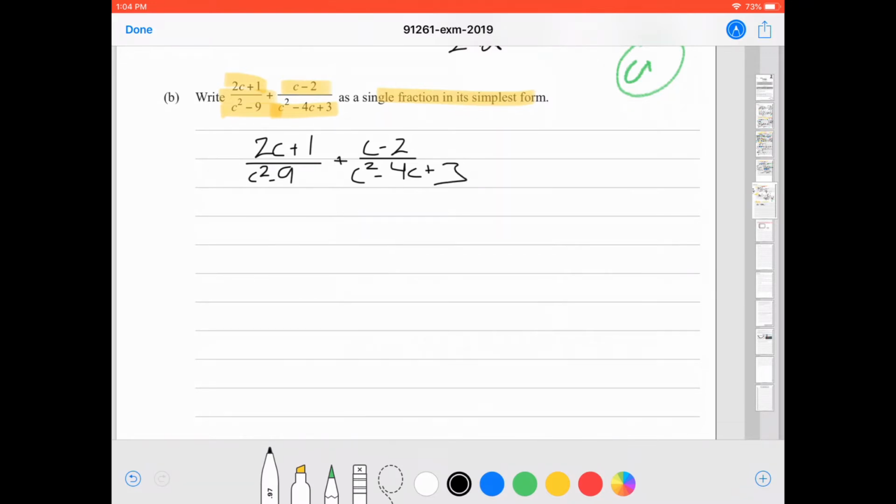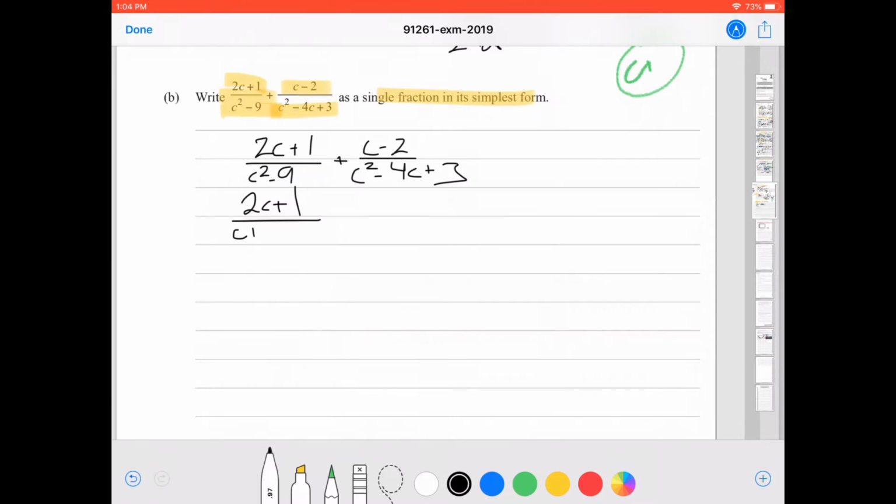And so you could go ahead and cross multiply here, but that would be incredibly difficult and long, and your denominators especially would get quite messy. We can actually factorize here. So we can say 2c plus 1, we can factorize our denominators. c squared minus 9, that's a difference between squares.